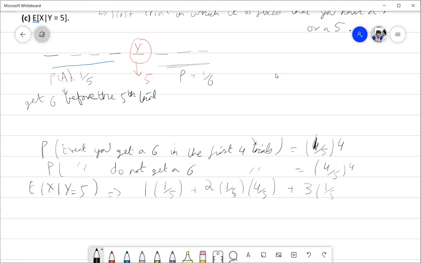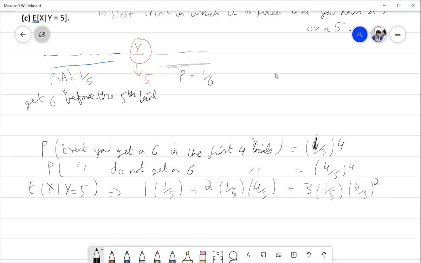This will be 1/5 again. This is the third trial, and this will be 4/5 to the power 2 now, because in 3 trials, what is the probability of me getting not a 6, right?